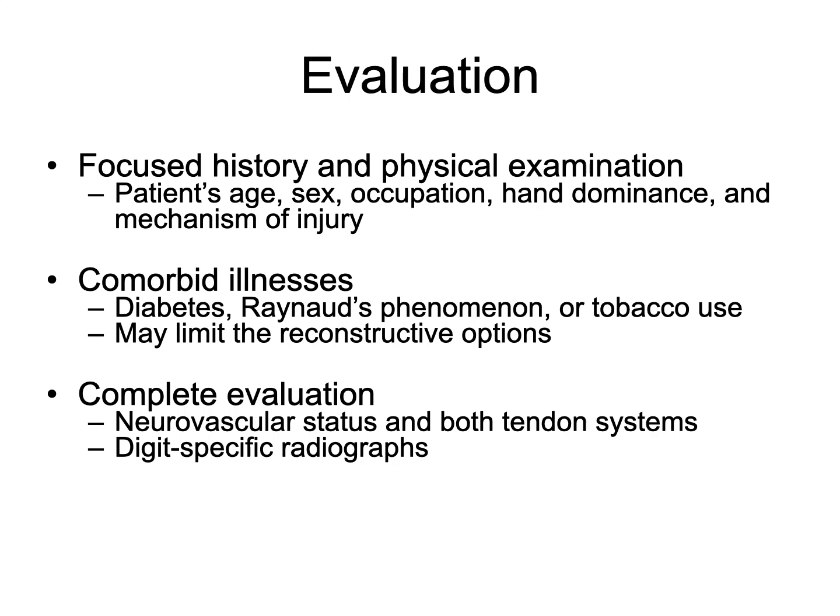Hand dominance, definitely. The occupation also: some are very fine, like surgeons, artists, and pianists. All these occupations need very important and complicated reconstruction with sensate flaps. Also, the mechanism of injury, and we will later discuss many mechanisms of injury.